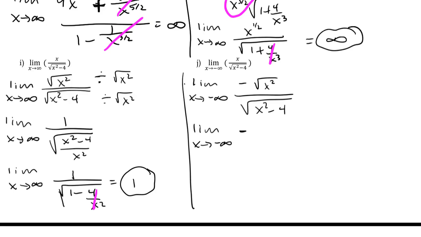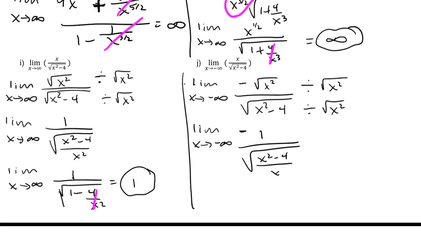Just like we did before, we're going to divide the top by square root of x squared, and divide the bottom by square root of x squared. Anything divided by itself is 1, and then on the bottom we have x squared minus 4 over x squared.